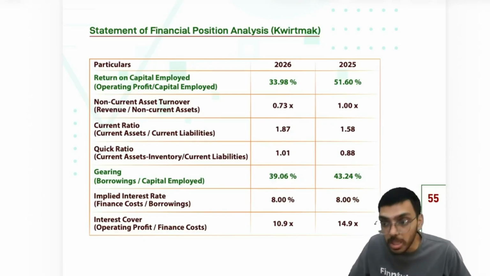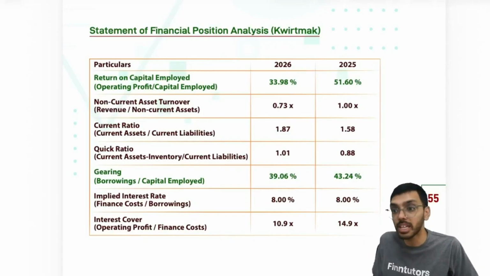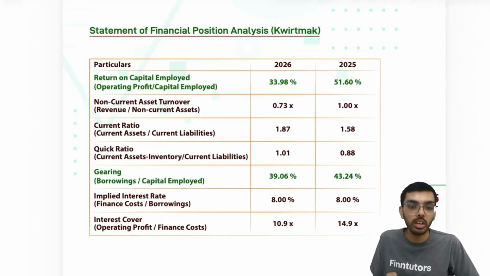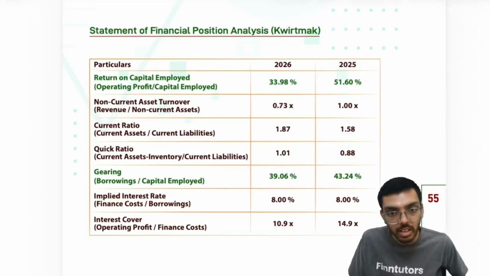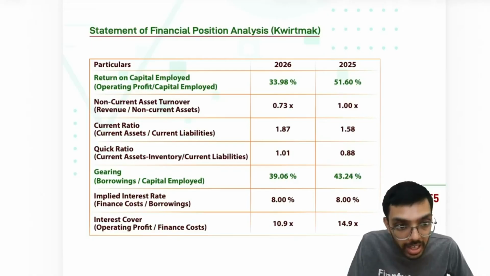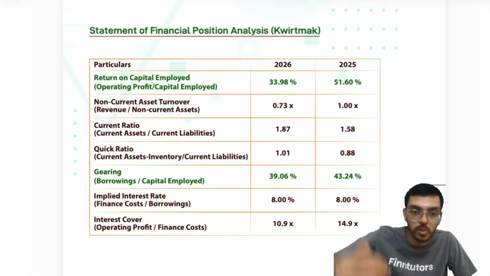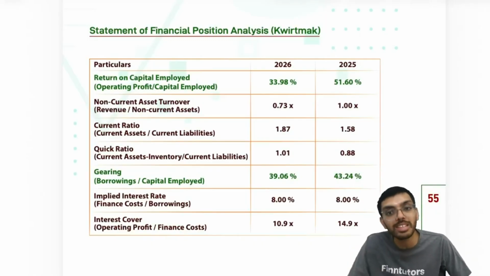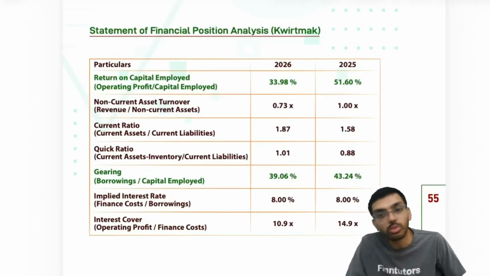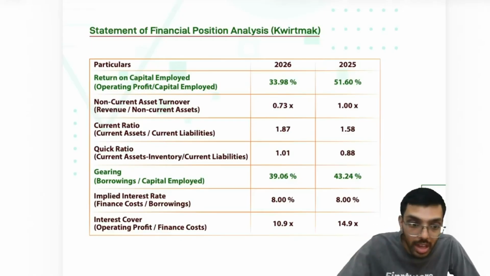And if the ROCE keeps going down, the shareholders will become apprehensive. They will ask for more return. If they ask for more return and revenues are declining, will you be able to pay that? That's another issue, right? And all of these ratios will take a downward hit because majority ratios are based on revenue, based on profit. If your profit goes down, your ratios are going to be negative.